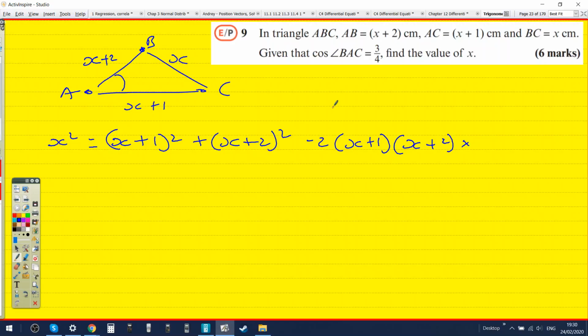Wait, so I'm cos b. Oh, so does that mean I need to get cos a equals 3/4? Right. So does that mean that I need to do cos minus 1 or something?